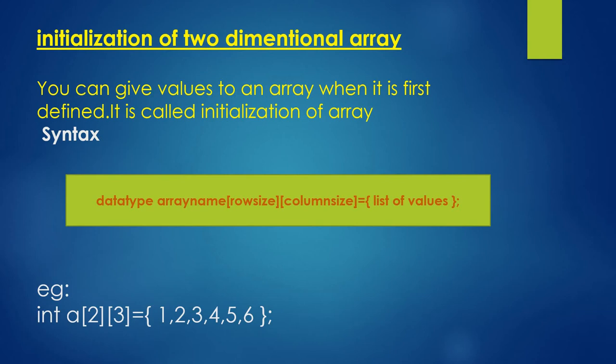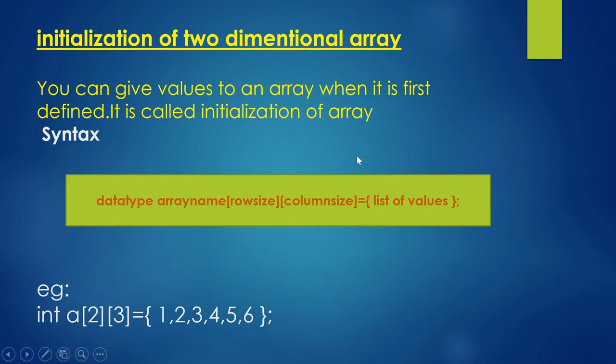Next, initialization of a two-dimensional array. What is the meaning of initialization? Initialization means we can give the initial values at the time of declaration. We can give the values to this matrix at the time of declaration. That is called initialization of a two-dimensional array.